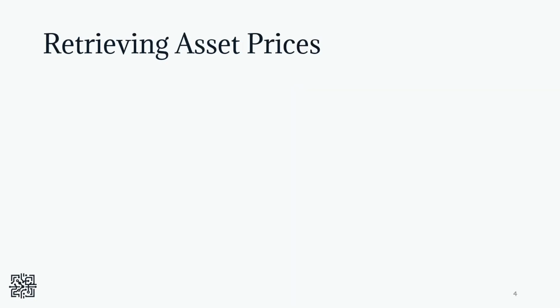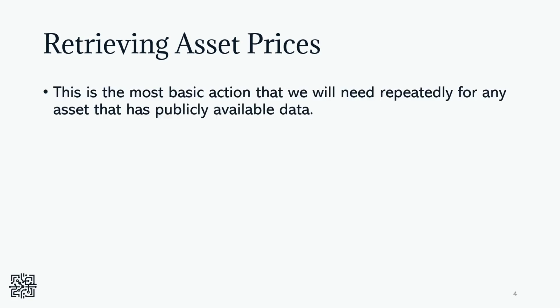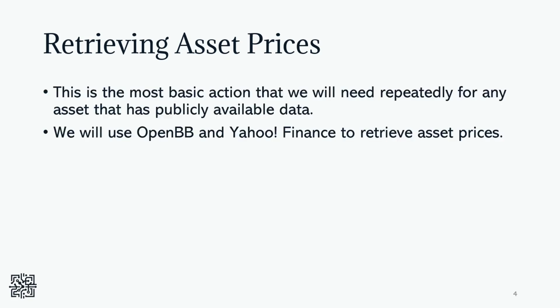Let's get started. So the most important thing that you're going to have to do is retrieve asset prices. And this is something that you're going to have to do over and over again. Now, throughout this course and most of our future courses, we will be using OpenBB. So if you haven't gone through some of the other lectures and courses that we have about how to use OpenBB, please do so.